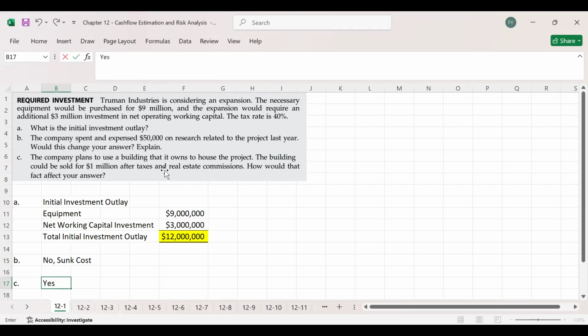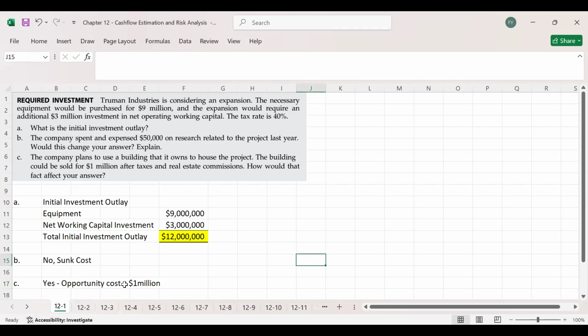So it becomes a part of the project cost. It must be charged against the project as a cost.